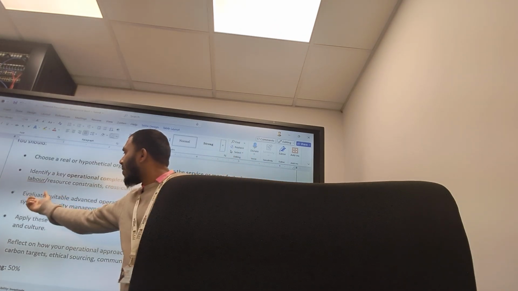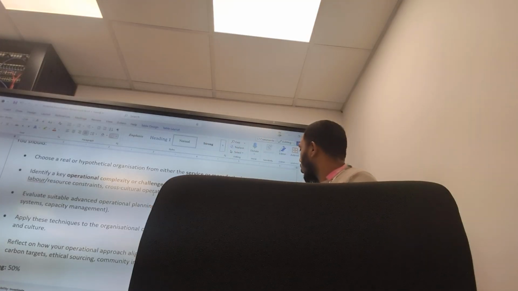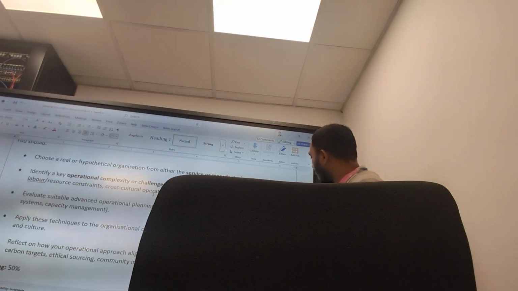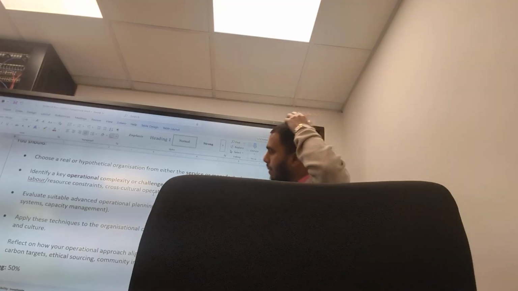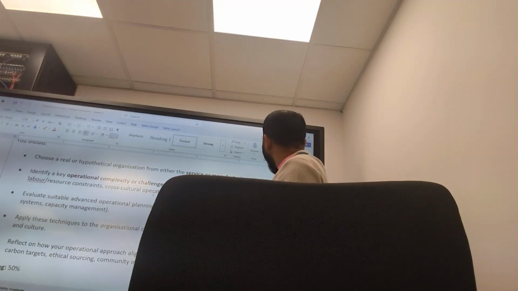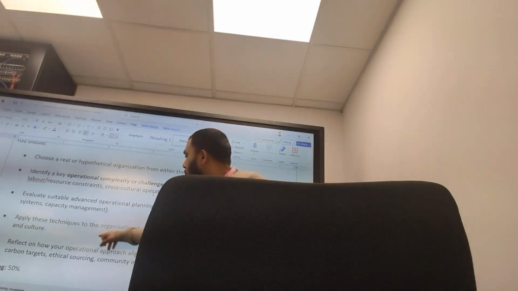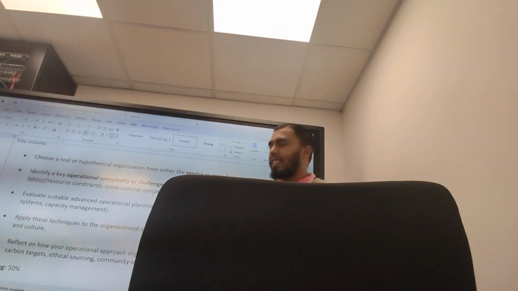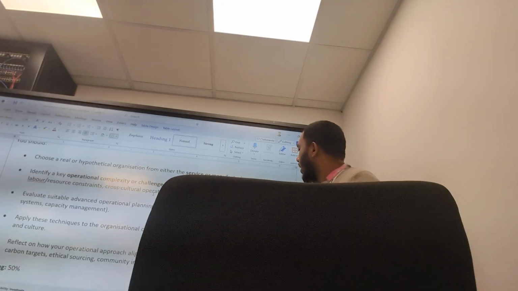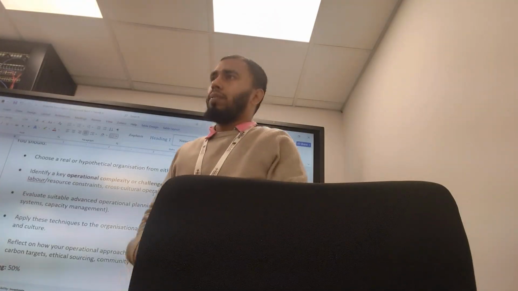Another is to evaluate suitable advanced operational planning and resource control techniques. We already talked about the lean system and capacity planning, and apply a few of those techniques in the organizational context, that means the organization you selected, and adapt them appropriately to its environment and culture.